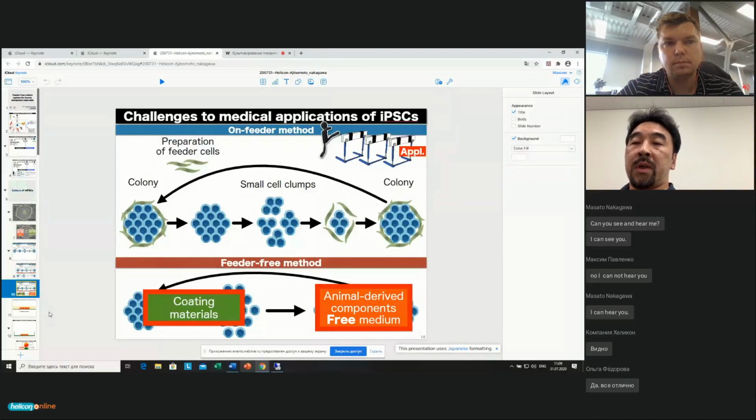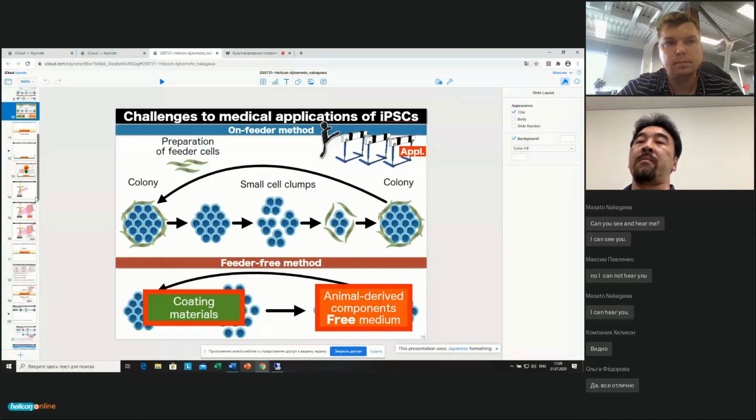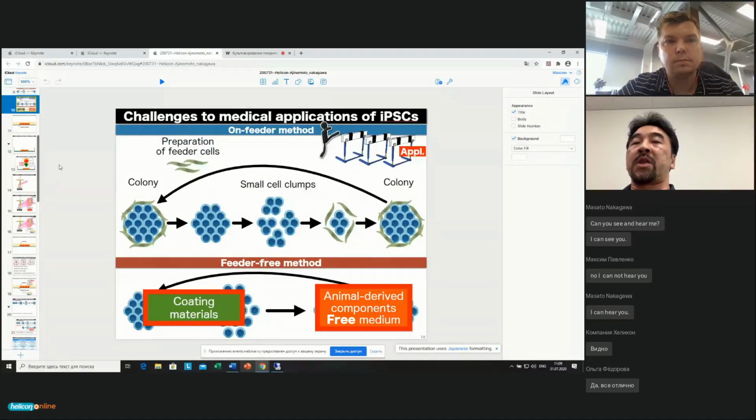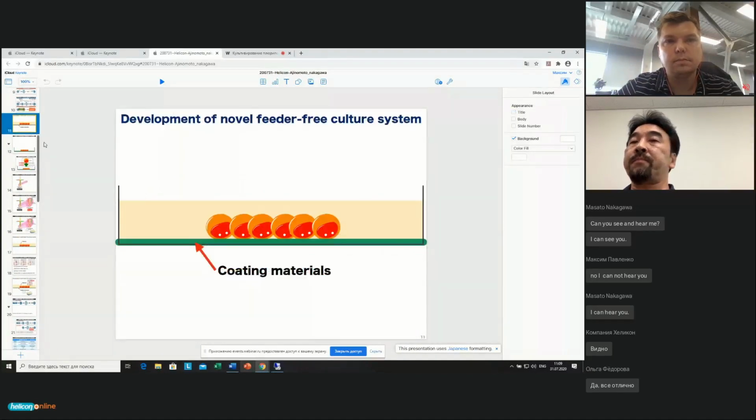And we needed to develop an animal-derived component-free medium for future application. At first, I would like to explain the development of the coating materials.